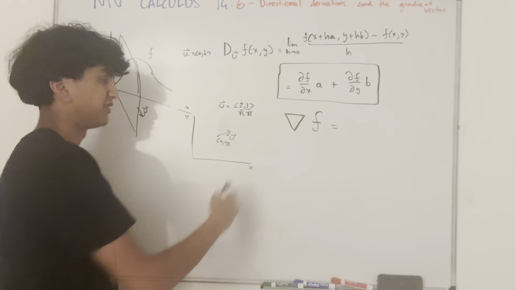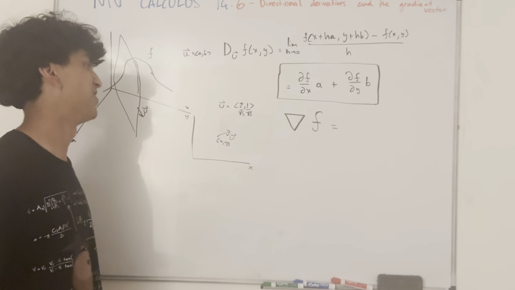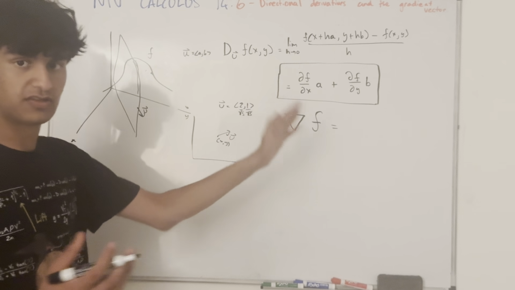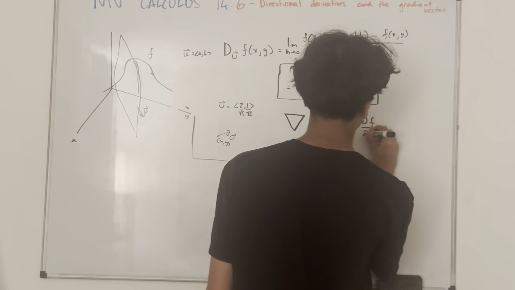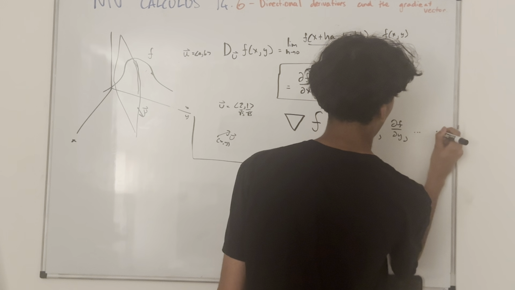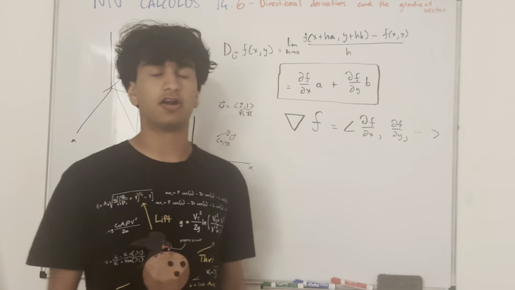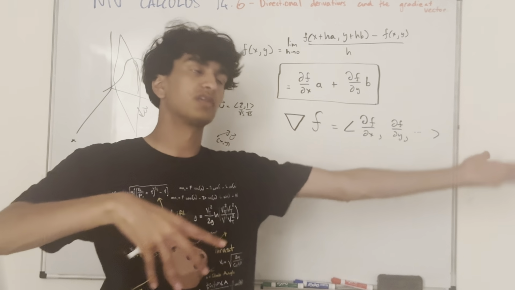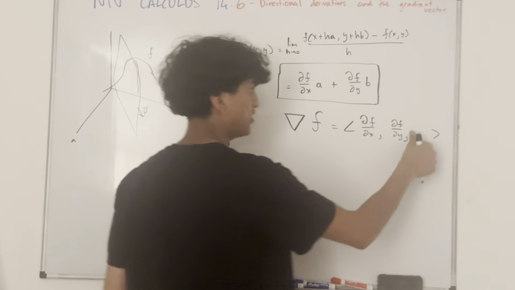If you were to take the gradient of f, it ends up being a vector of partial f partial x as the x component, partial f partial y as the y component, and so on, right? So if this is a function of 3 variables, like f of x, y, z, then you would have partial f partial z. But if it's just an f of x, y, you would just have this.